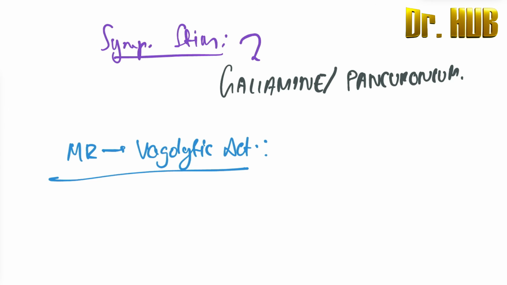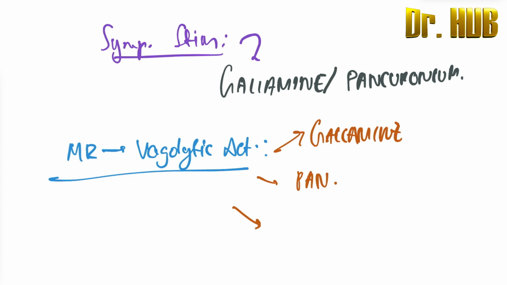This includes gallamine, then pancuronium, as well as rocuronium. This is mild.